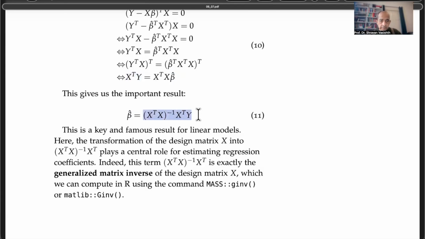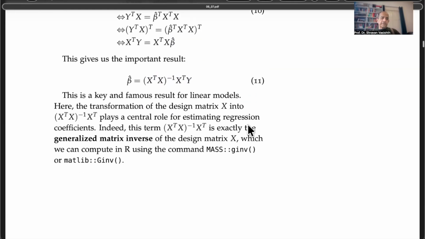So this will allow us to compute the beta hats once we know two things: the design matrix and the observed data. That's how the solution works. That's how R also operates. It just does these matrix operations to compute the estimates of the parameters.